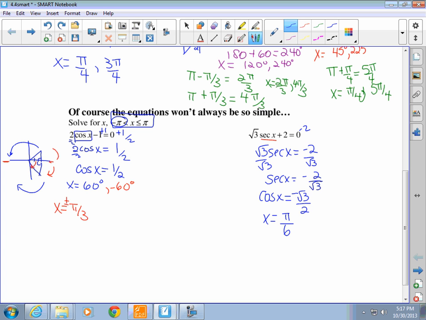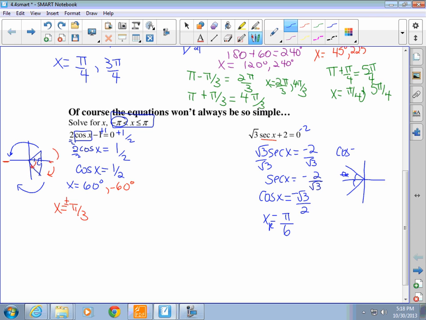Cos is negative. So cos is negative in quadrant 2 and in quadrant 3. So I know my reference angles in both of these are going to be that pi over 6. So my reference angle is pi over 6 in both of these.